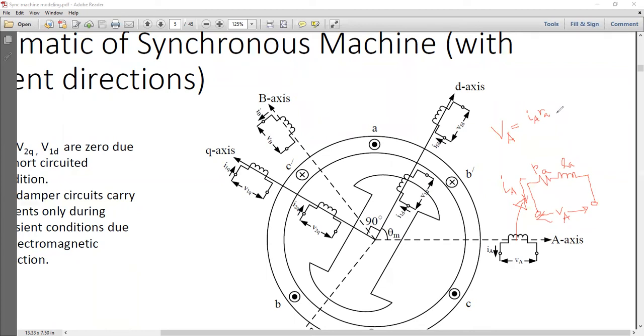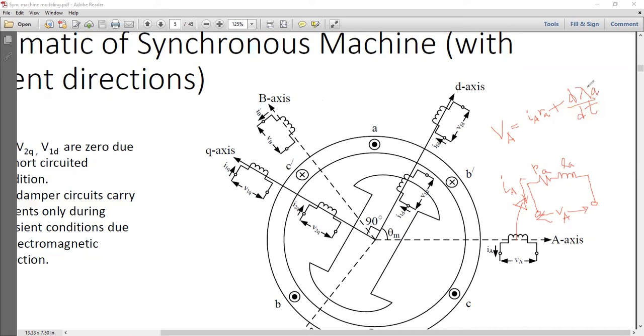RA plus LA is not possible. Either you have to make LA into X and add a J operator with that. Yes, that will give you a steady state representation. But because we are looking into the dynamic model, you have to go for this representation.